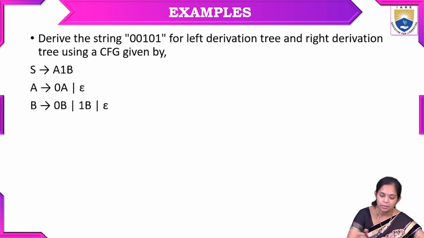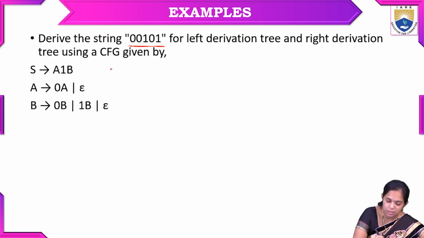And here is the same thing. We take the input string, first derive the input string, and after that construct the derivation trees. The first step is to form the grammar, and V has S, A, B. So we have three non-terminals here, the terminals are 0, 1, and S is the start state.